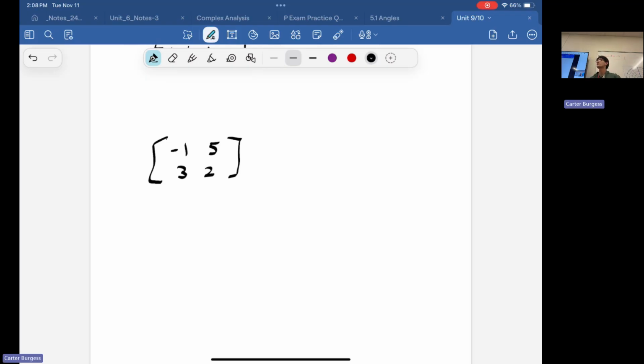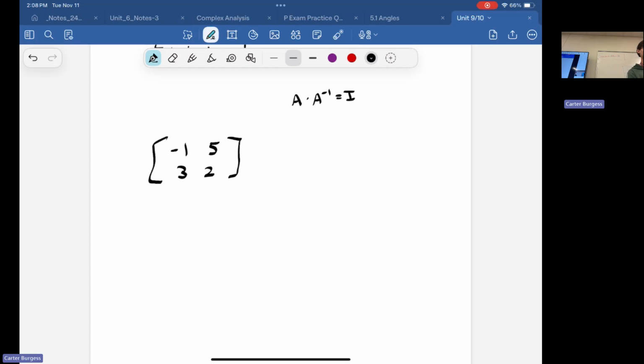What was our definition for an inverse matrix? Yep. Equals the identity, which is just, again, the matrix with all ones along the diagonal.